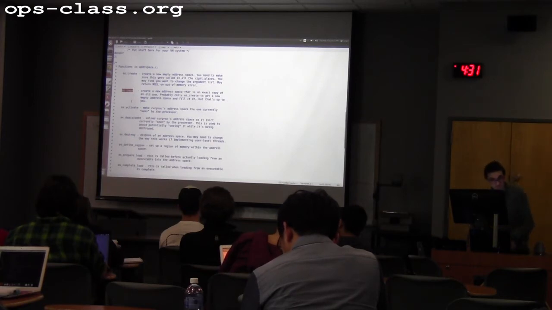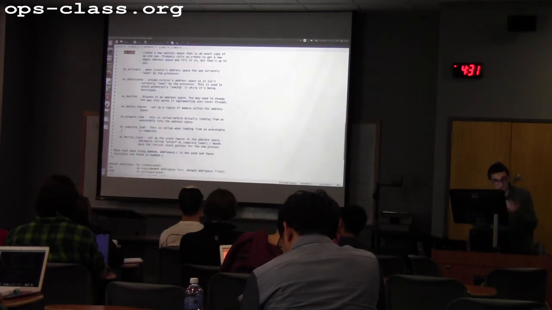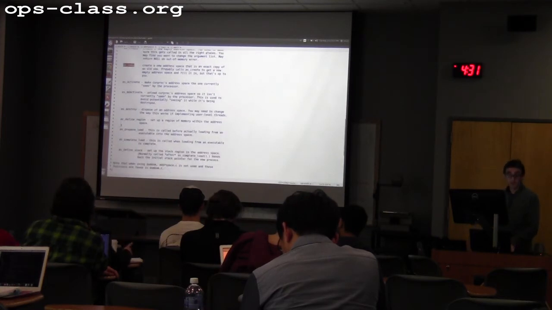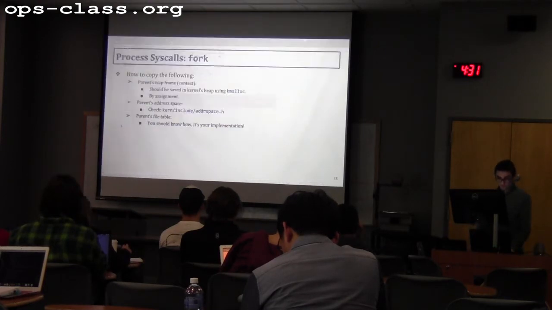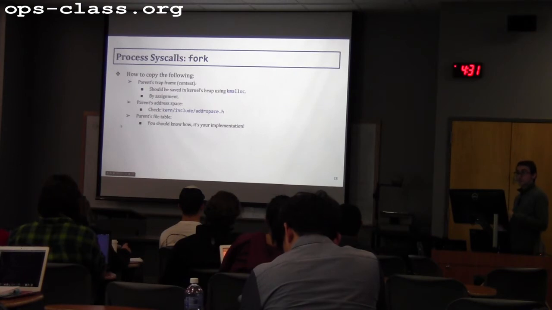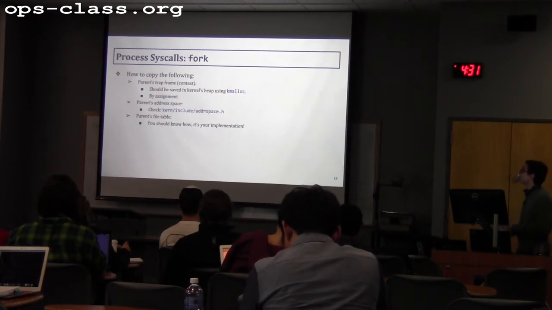You also have as destroy. So you have a bunch of functions that you can use to handle the address space for assignment 2. As we said, we're going to use as copy to copy them.